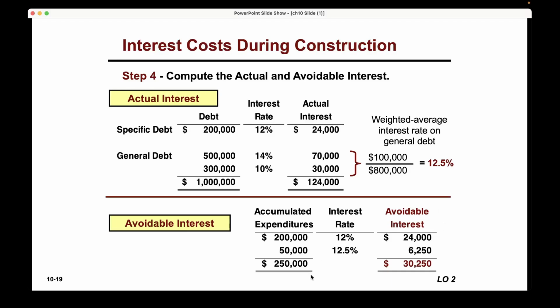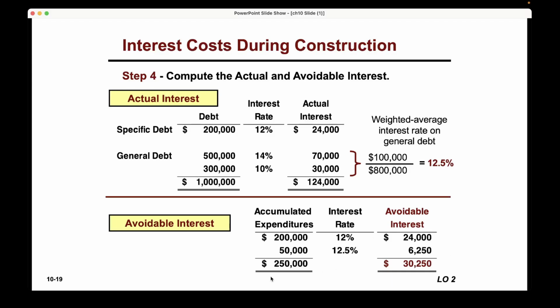Out of this 250,000, we take out the 200,000. What does it mean? 200,000 here is for the specific borrowings for the constructions, for which we use the 12% interest rate, giving us 24,000.